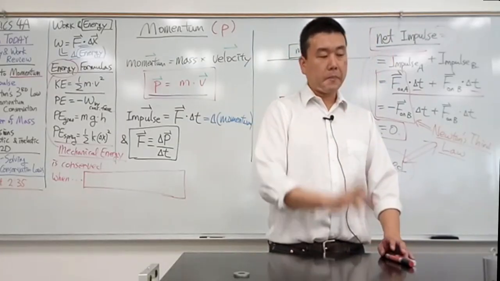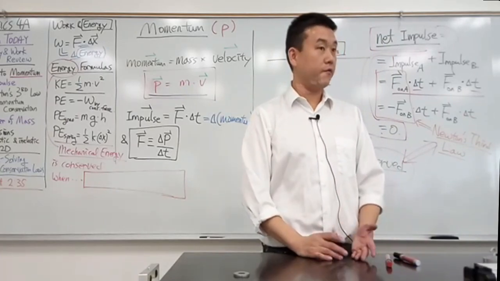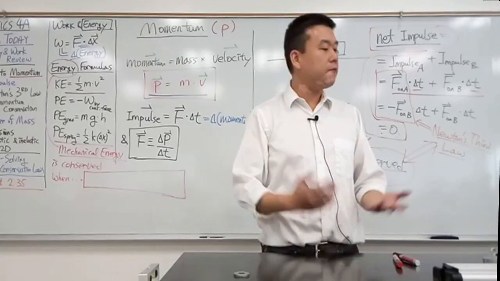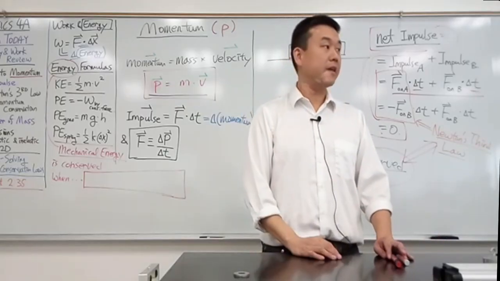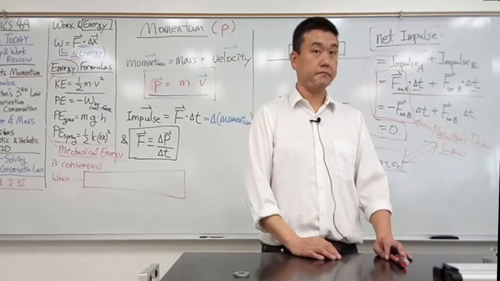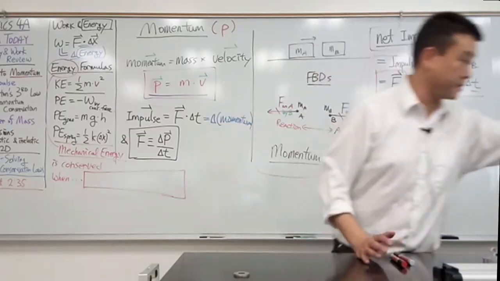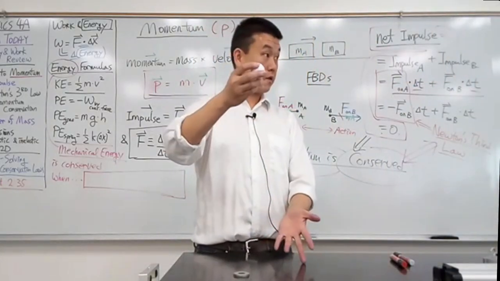So, in other words, what leads to the change of mechanical energy? If you ever saw mechanical energy changing, what do you blame that on? The non-conservative forces. You blame that on non-conservative forces. Meaning, here's an interaction involving conservative force.